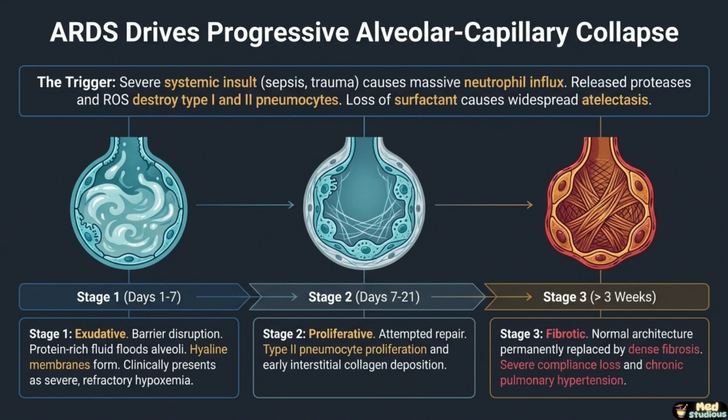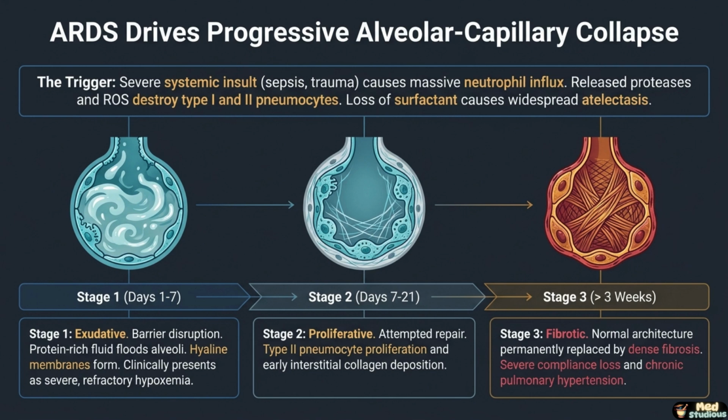In stage 1, spanning roughly the first week, the exudative phase dominates. The alveolo-capillary barrier breaks down completely. Protein-rich fluid floods into the alveoli, and hyaline membranes form, clinically presenting as severe refractory hypoxemia that's extremely difficult to correct. Stage 2, occurring between roughly 1 and 3 weeks, is the proliferative phase.